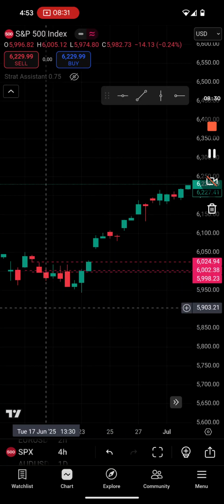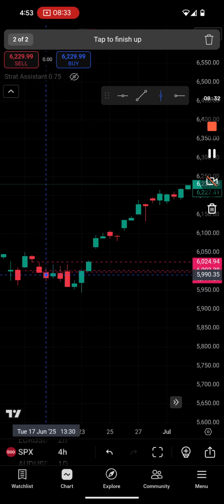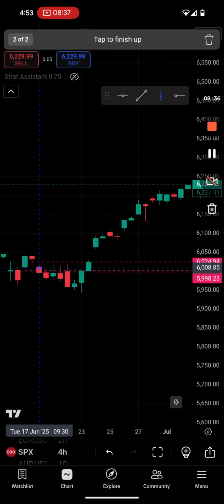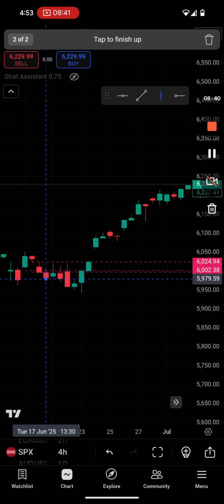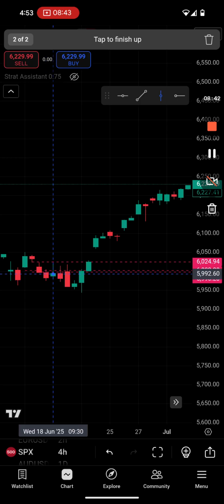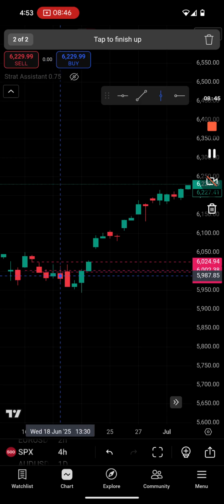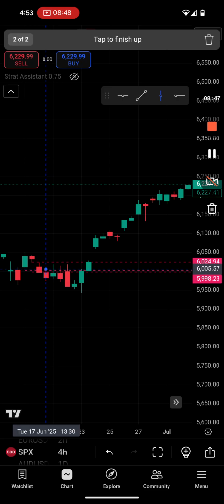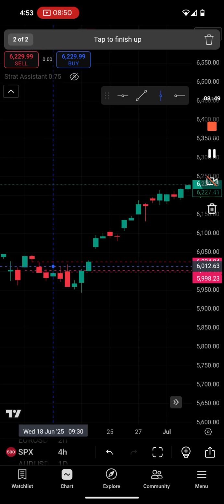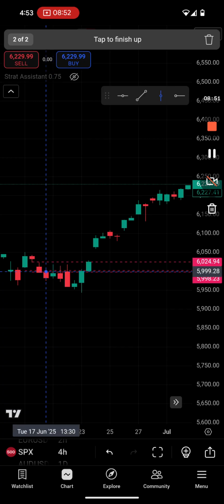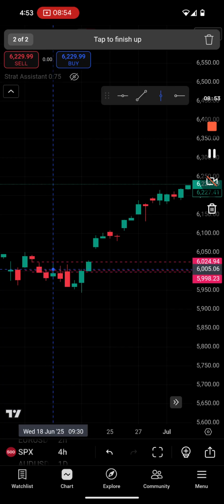So back to this candle. This candle right here broke the low of this candle, making it a two down. So now it's a two down candle. But then this candle right here breaks the high of this candle, making it a two up. This makes it a reversal right here, two down, two up.